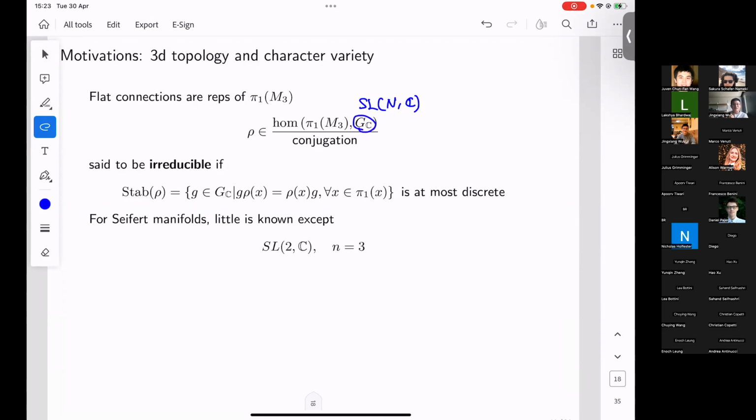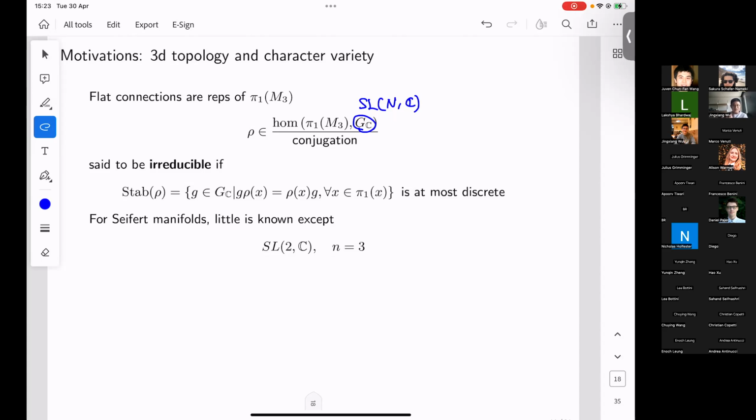I don't want the whole image of my fundamental group under rho to be like SL2 or a U1 subgroup of GC. In that case it would be like classifying SL2 flat connections. So I want to study irreducible flat connections.